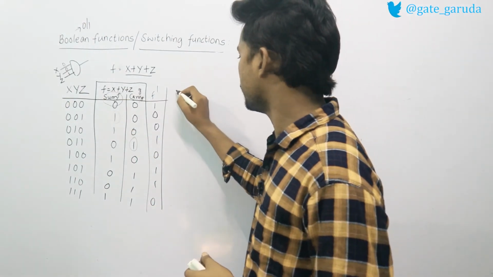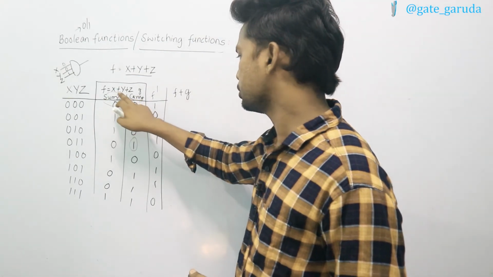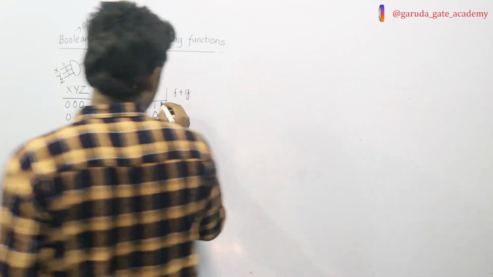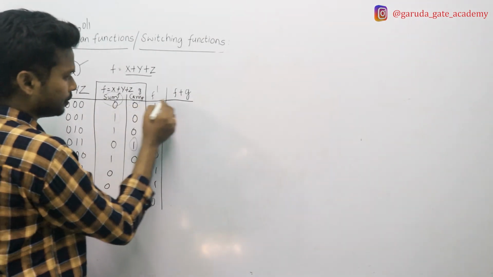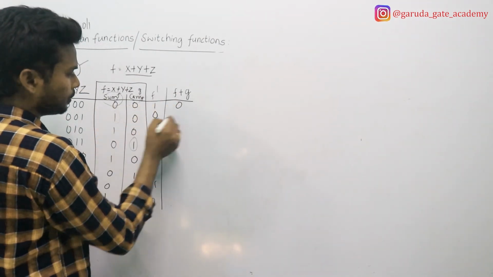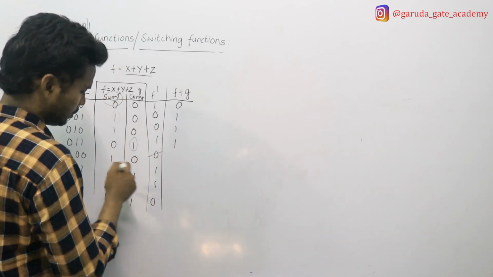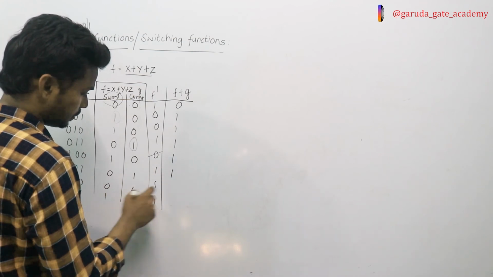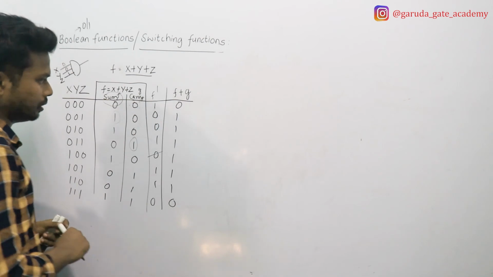So if you try to add two functions, f plus g, let us suppose this is f and this is g. Okay, so if you add those two functions, 0 plus 0 will be 0, 1 plus 0 will be 1, 1 plus 0 is 1, 0 plus 1 is 1, 1 plus 0 is 1, 0 plus 1 is 1, 0 plus 1 is 1, 1 plus 1 is 2, which means 1 0, we write 0 here.